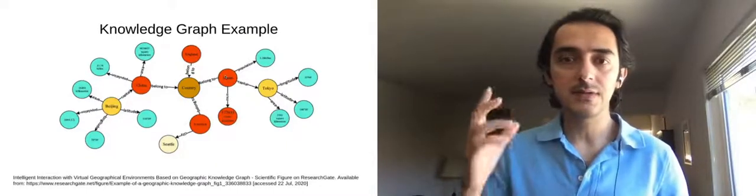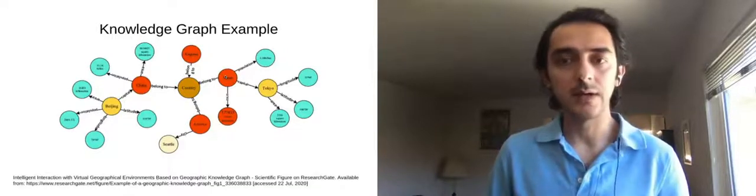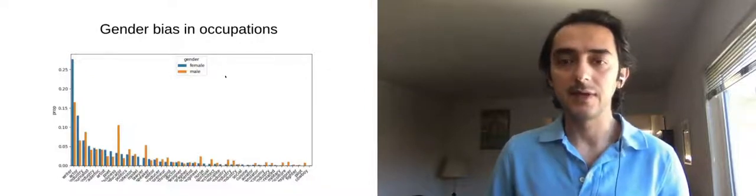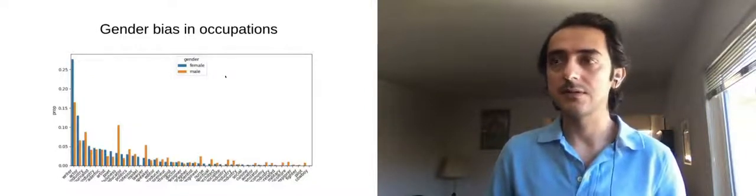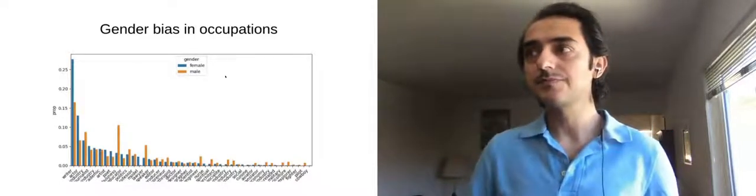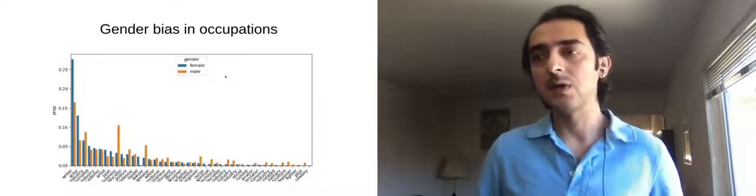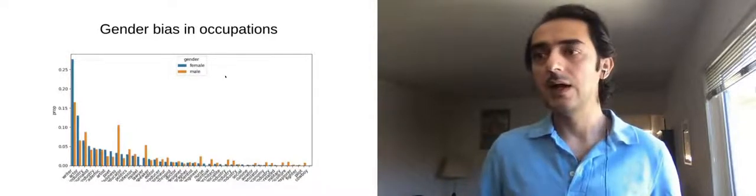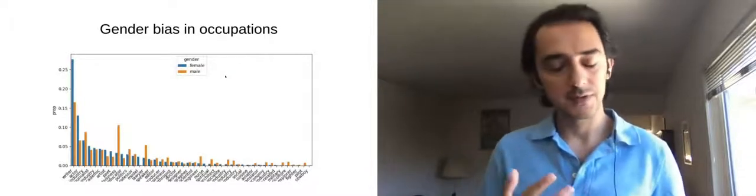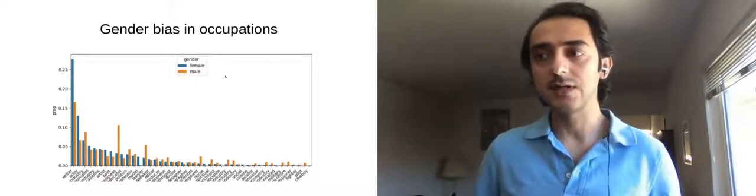And since these knowledge graphs are created from free text documents and online corpuses like Wikipedia, they are very likely to encode biases from their data sources. So here we look at an example of how different occupations are represented in the knowledge base. We look at DBpedia, and we see that for several occupations, there's a distinct skew in how the genders are represented.